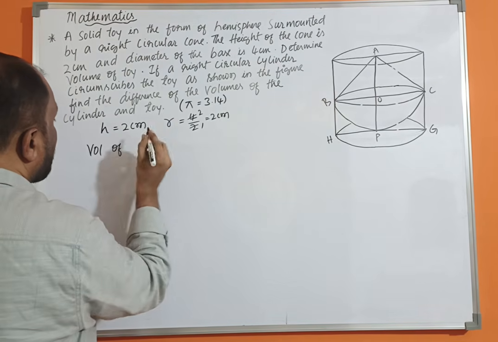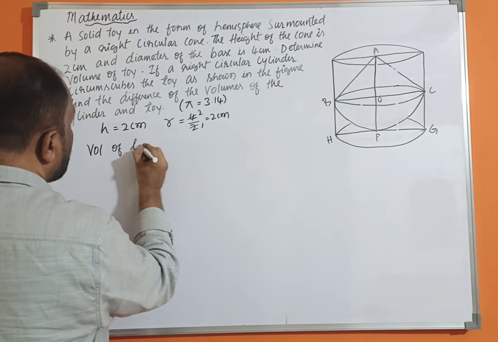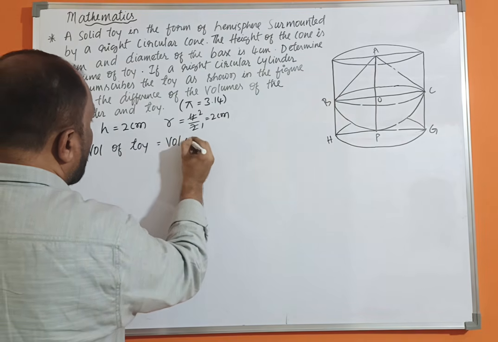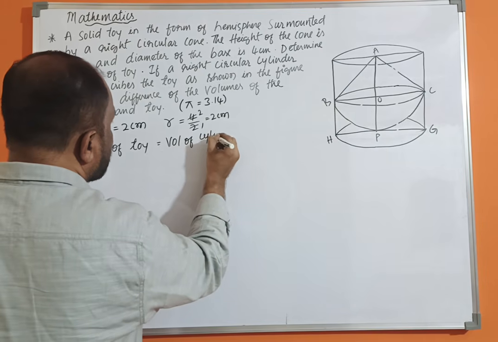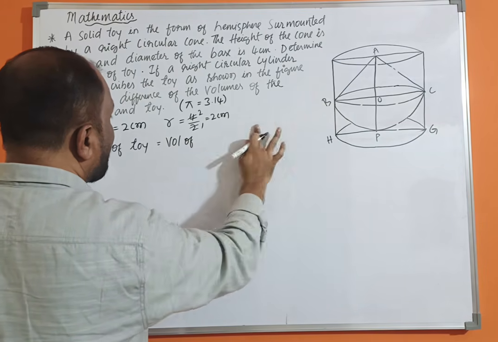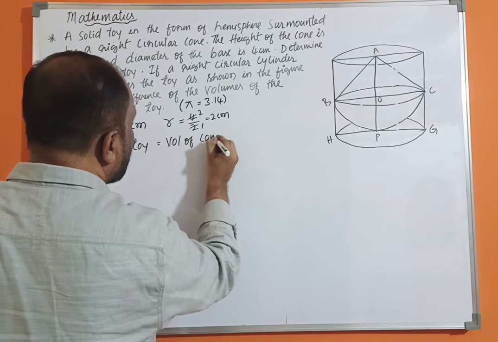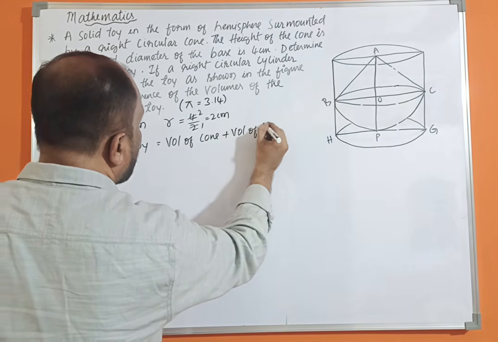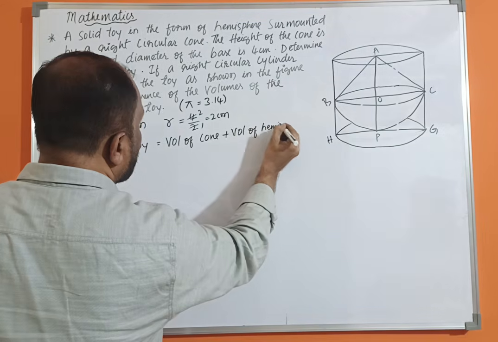Volume of toy is equal to volume of cone plus volume of hemisphere.